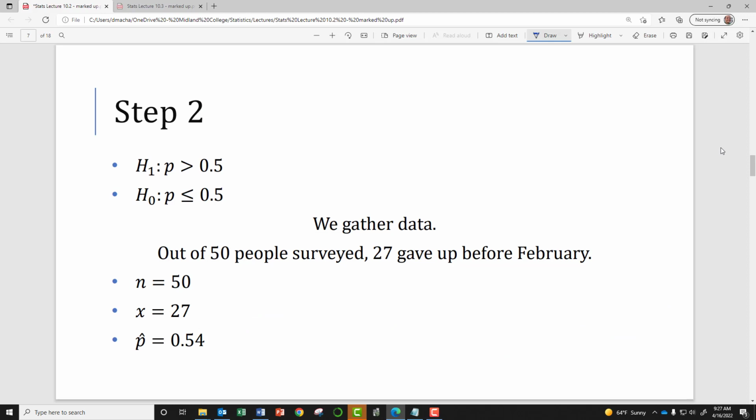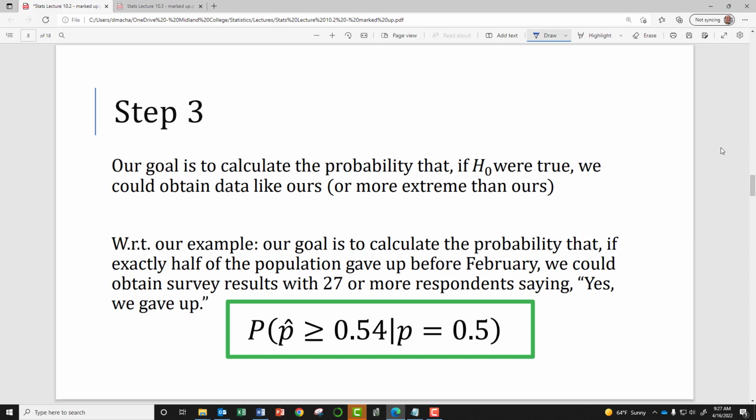So again, there's my n, my x, my p hat. And step 3 for us, again, doing the math part of this, our goal is to calculate the probability that if the null hypothesis were true, then we could obtain data like ours in our sample.